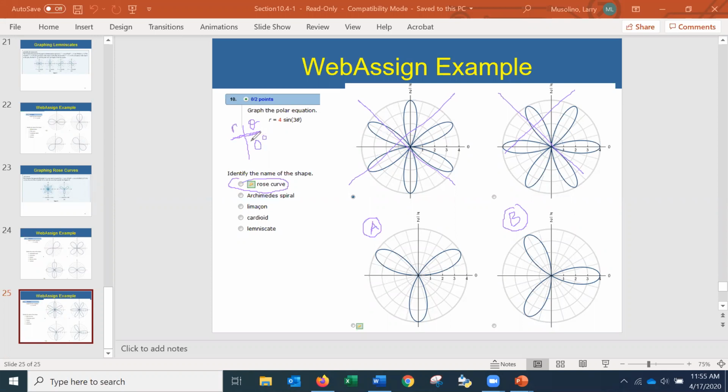Because 0 degrees is always easy to work with. So if I pick 0 degrees, this is going to be r equals 4 times sine of 3 times 0 degrees. That's going to be 4 times sine of 0.